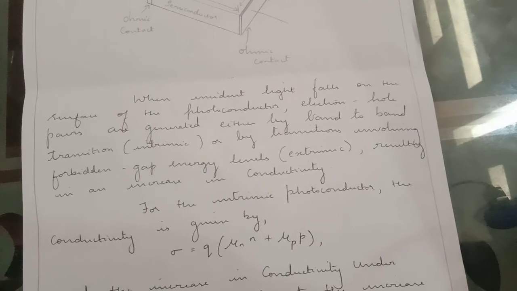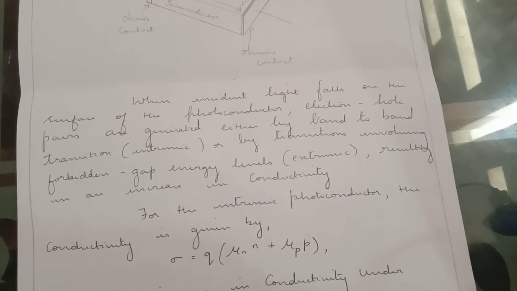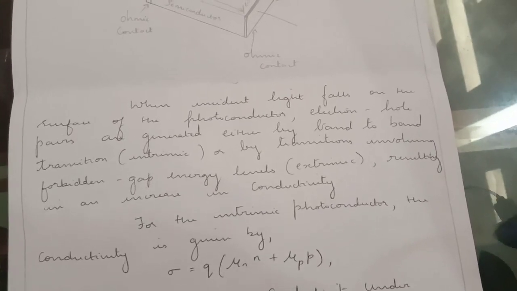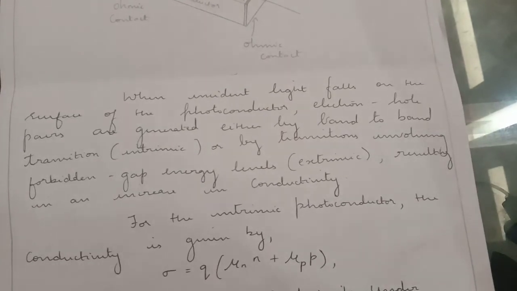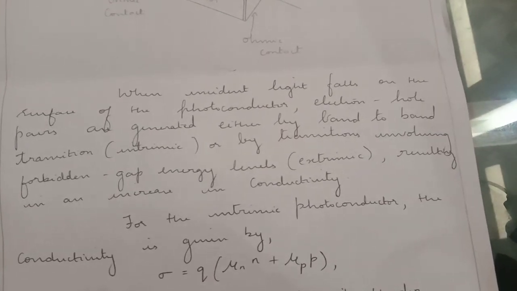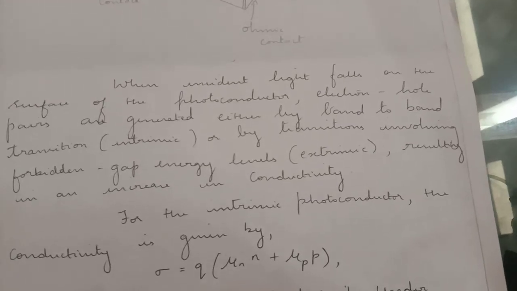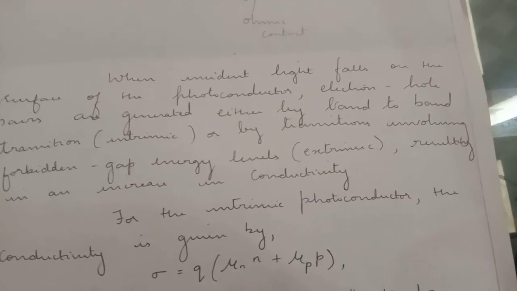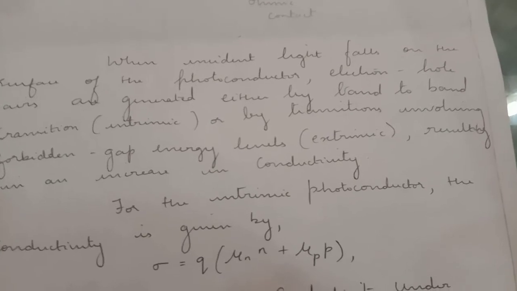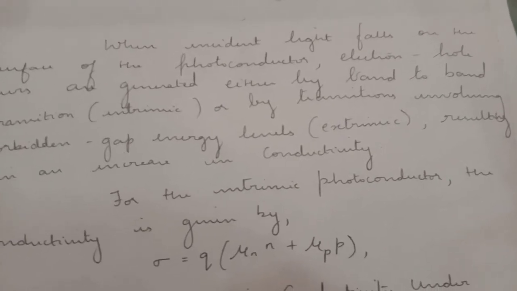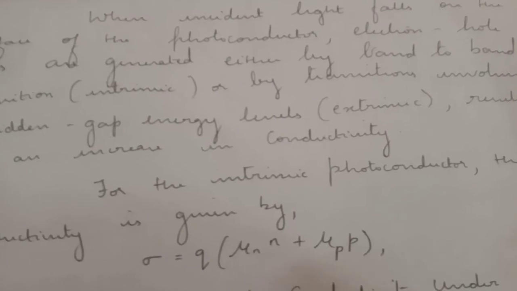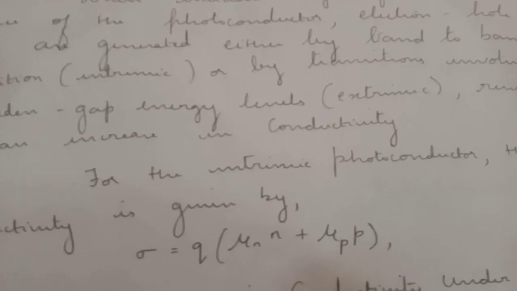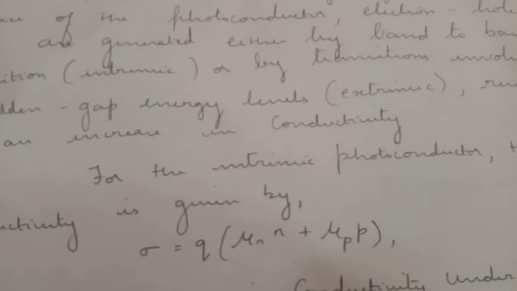If the transition involves forbidden gap energy levels, it is called extrinsic. This results in an increase in the conductivity. When the photon falls on the semiconductor, it increases the conductivity, hence it is called a photoconductor.